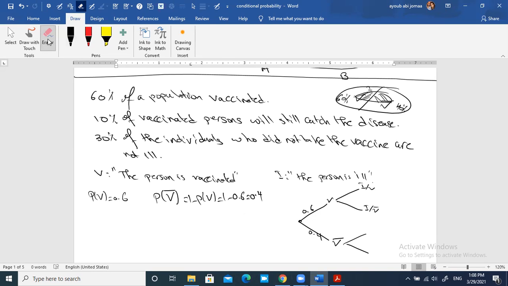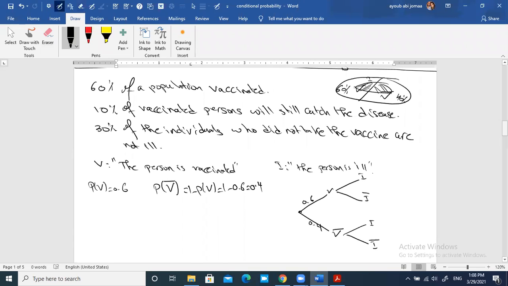هلا بنحكيها بطريقه اوضح. ill or not ill. اوكي طيب given that 10% of vaccinated persons will still catch the disease، هيدا هون conditional probability. عم بقول لك of the vaccinated persons، يعني knowing that this person is vaccinated the probability that this person is ill is 0.1.